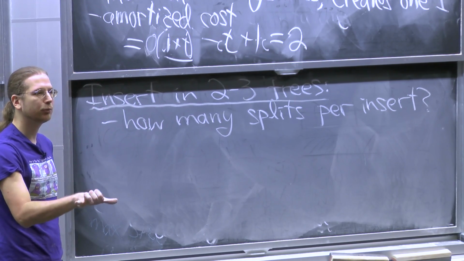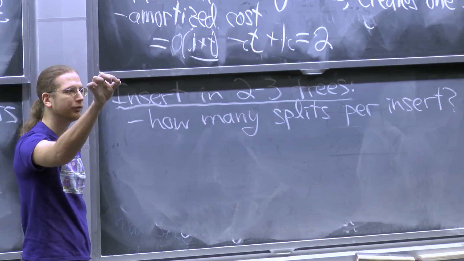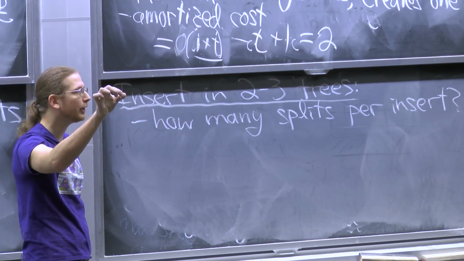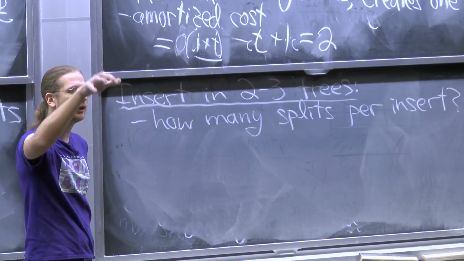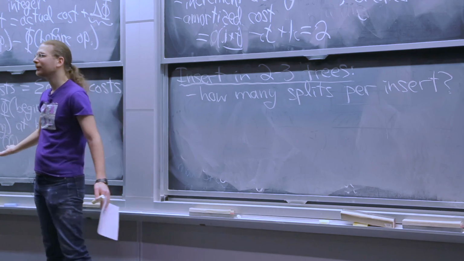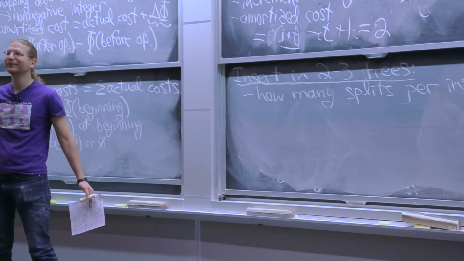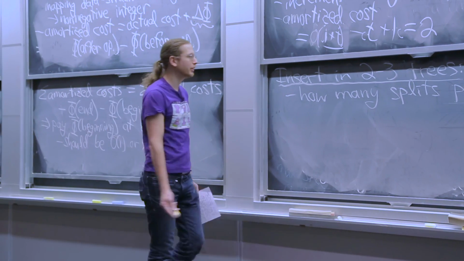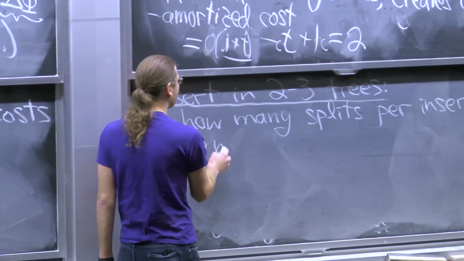If it's too big, you split that node into 2 parts, which causes an insert of a key into the parent. Then that might be too big, and you split, and so on. So total number of splits per insert? Upper bound? Log n. Okay, definitely log n in the worst case. That's sort of the actual cost.